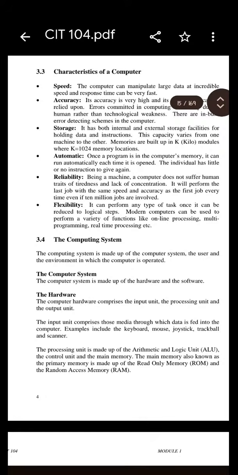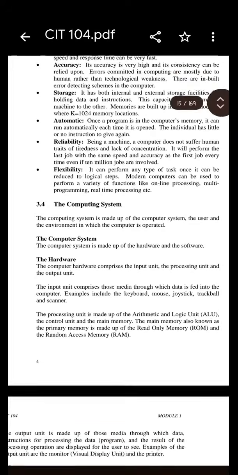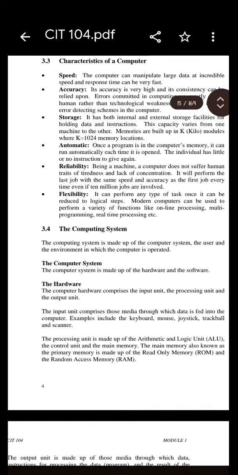I'm just forming it, just to help us remember it. The first S stands for speed. A stands for accuracy. S stands for storage. The second A stands for automatic. Then R stands for reliability, and F for flexibility. We should be able to understand these things so that during the exam you can remember them. So we move straight to the computer system.